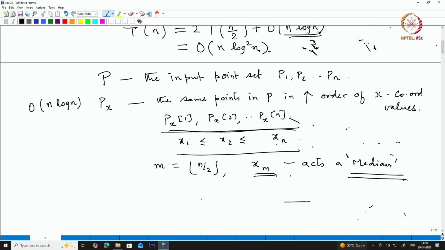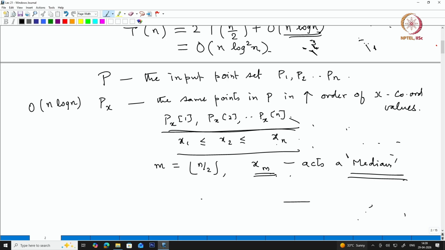All these x values are smaller than or equal to xm, and the other values are larger. So, naturally xm acts as a splitting point which puts the points in two different regions.